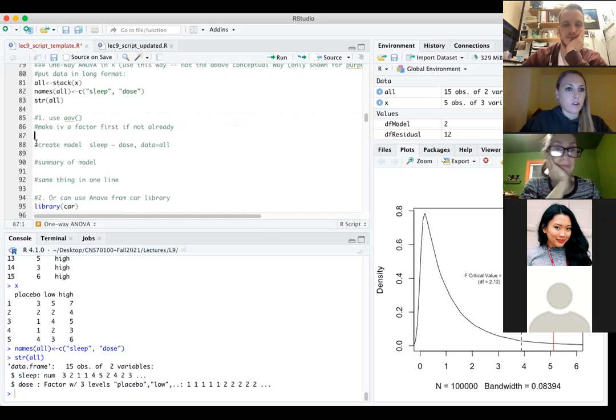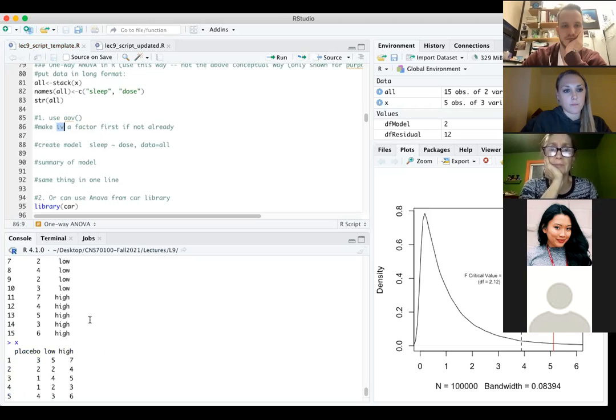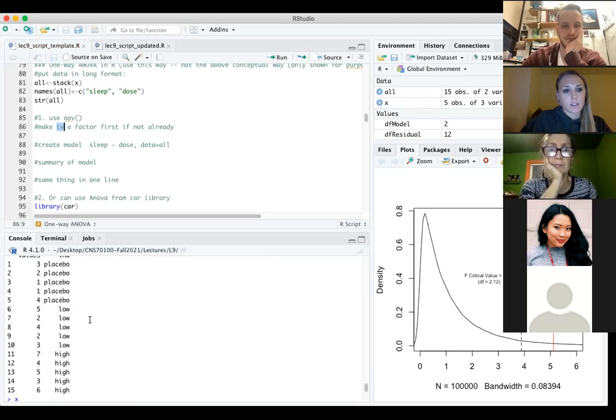All right, so very first thing, if we want to use the base R function for ANOVA, it's called AOV. The very first thing that we're going to do is make our independent variable a factor. So this just makes it more readable whenever it outputs, it'll give it all the labels and everything.